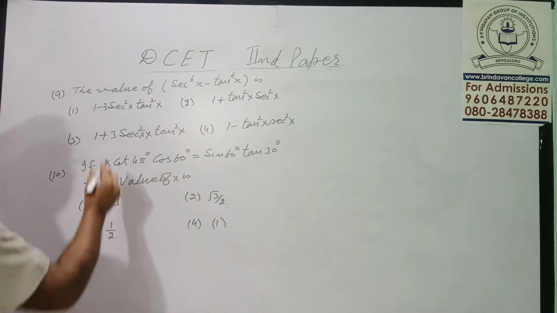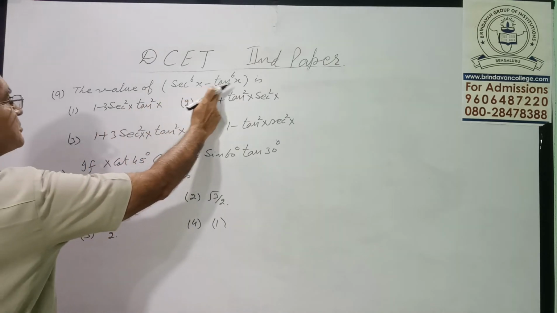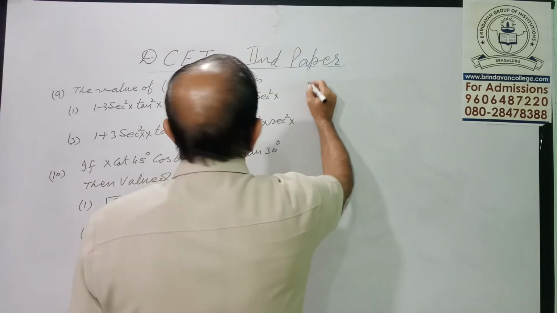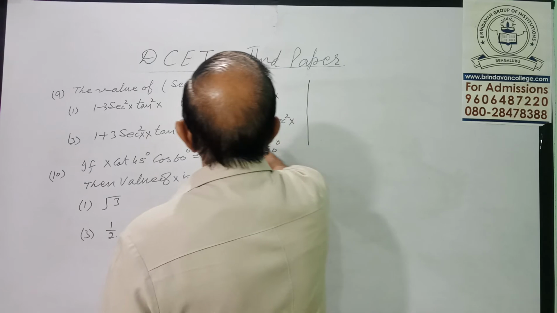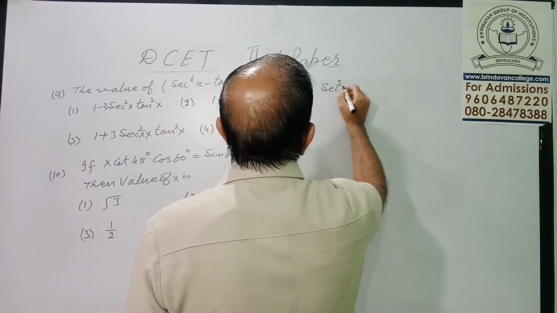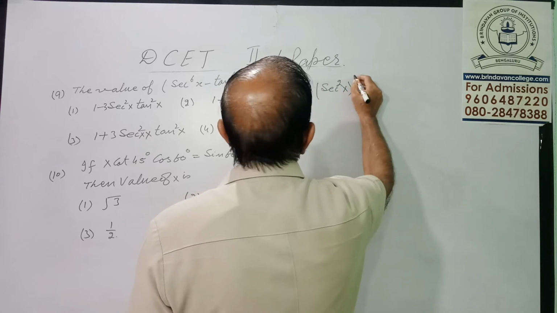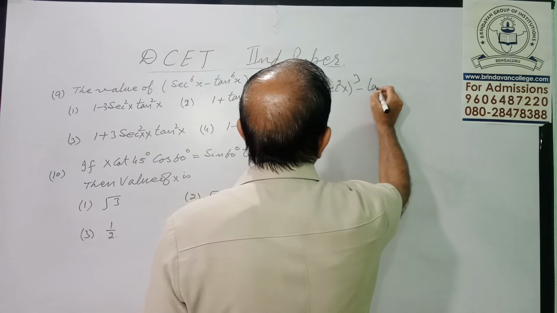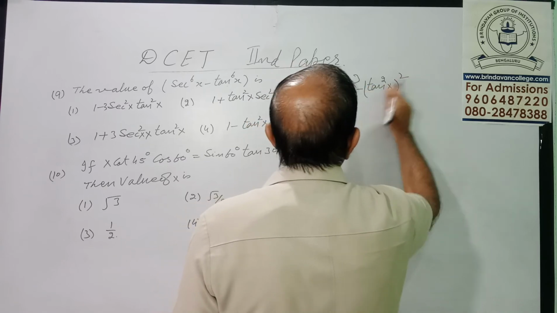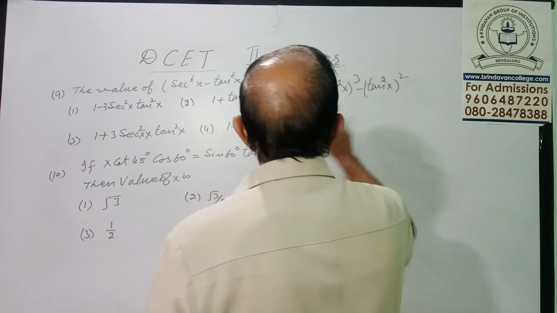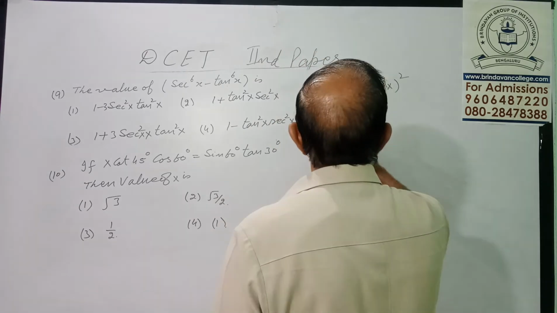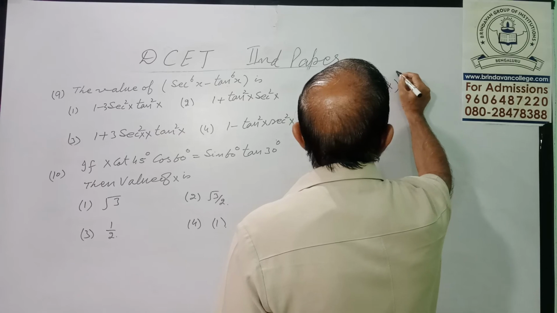Now 9th sum is the value of secant 6 minus tan 6 is. 4 options are given. Secant 6, tan 6. Can I put it as secant square x cubed minus tan square x cubed? Why have I changed to square and cube? Because we know the identity. Secant square x minus tan square x is 1. So put it into square cube.